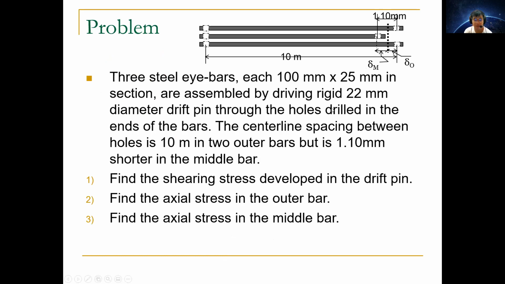So we have three steel eye bars. Usually, the drawing of this looks like a square. If you have steel eye bars, it is called an eye because the end looks like an eye, since it is drilled by a certain hole.